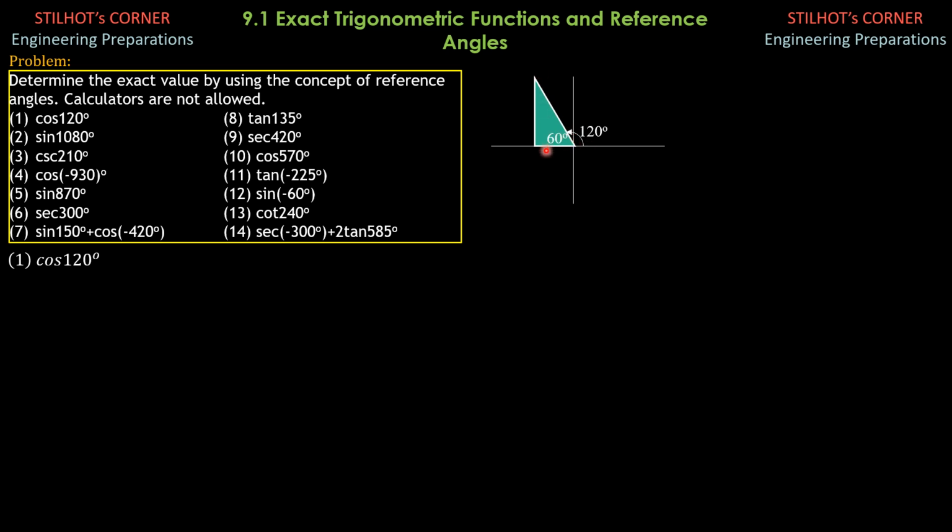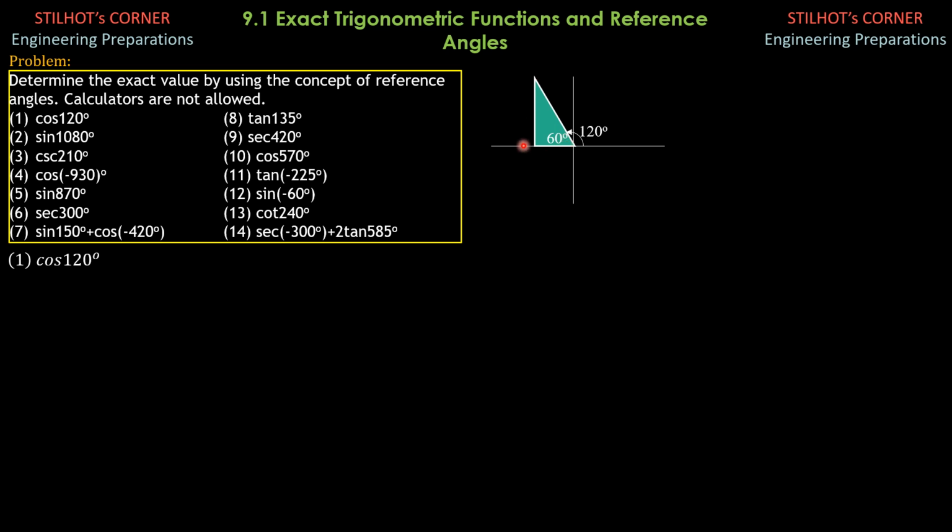I hope that you already studied and viewed my preceding videos on reference angles, particularly quadrantal angles, angles such as 60 degrees, 30 degrees, 45 degrees, 0 degrees, 90 degrees, and so on and so forth.